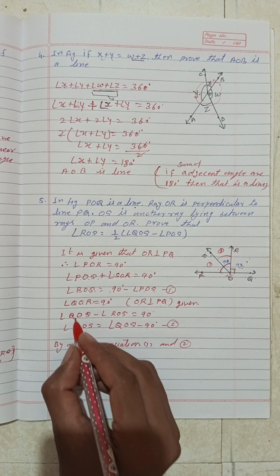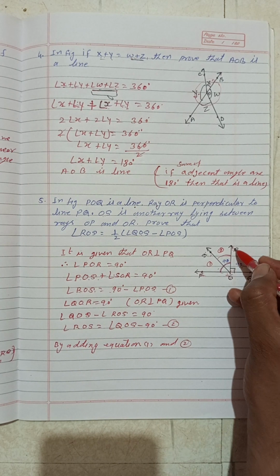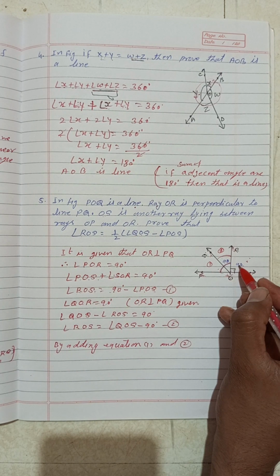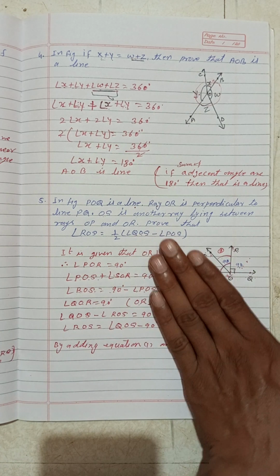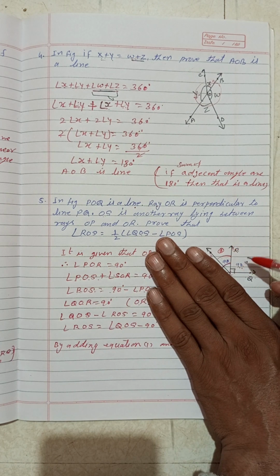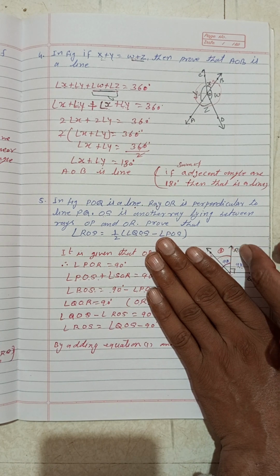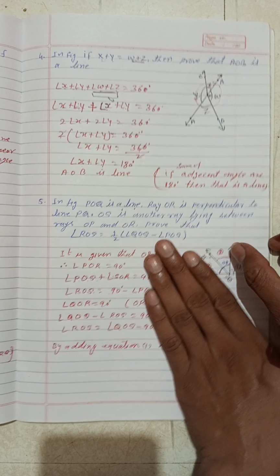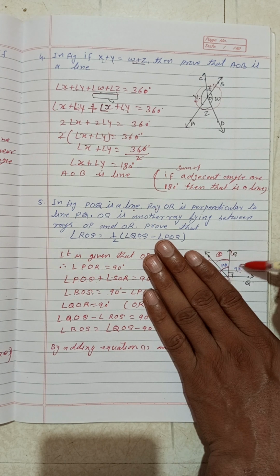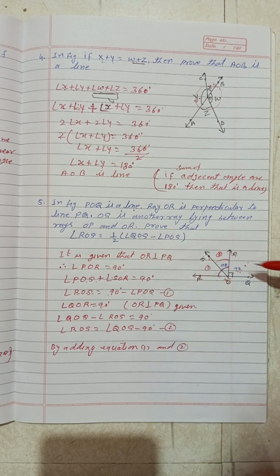So QOS minus ROS is equal to what? 90 degrees. If we subtract this angle ROS from the total, this angle will remain.